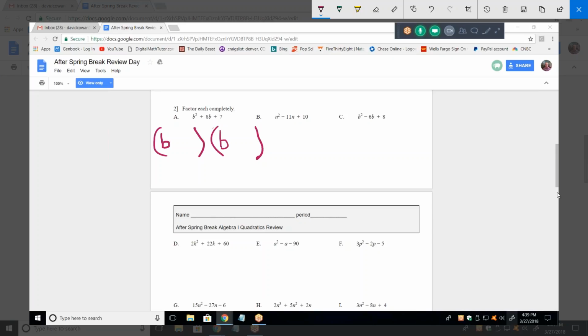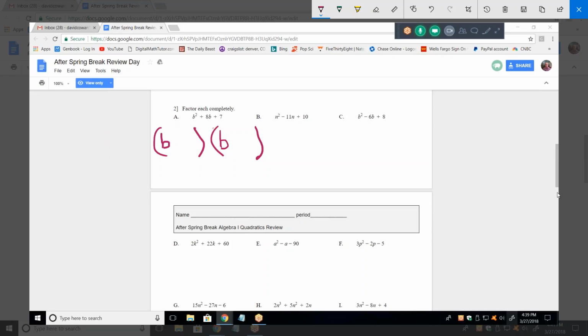The second step is to figure out the signs, both signs. That's what you need to remember, you've got to figure out both signs. What do both signs have to be?